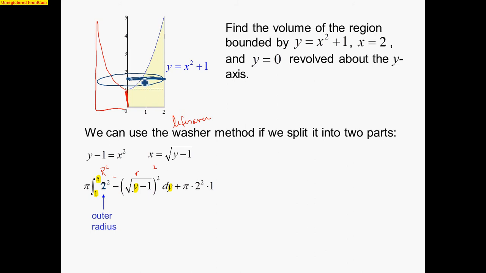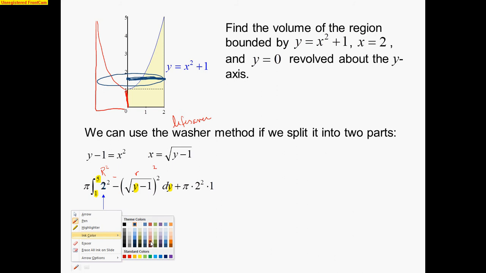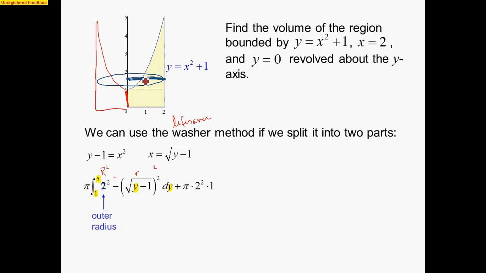But the inside radius changes, correct? When I'm doing the small circle, that radius goes to the curve, right? And I'll draw another one up here.